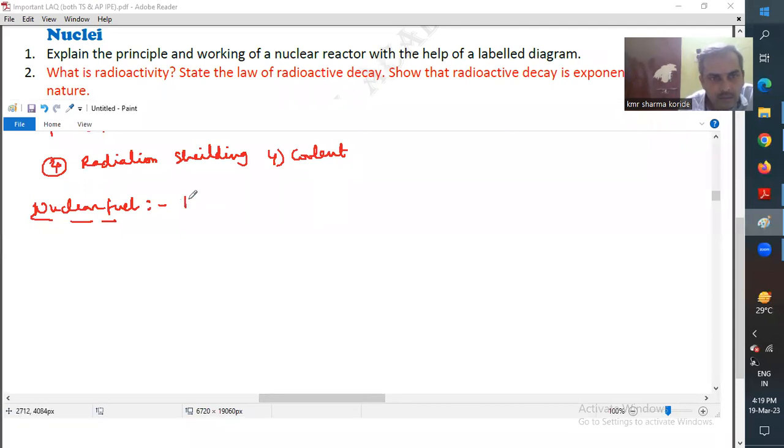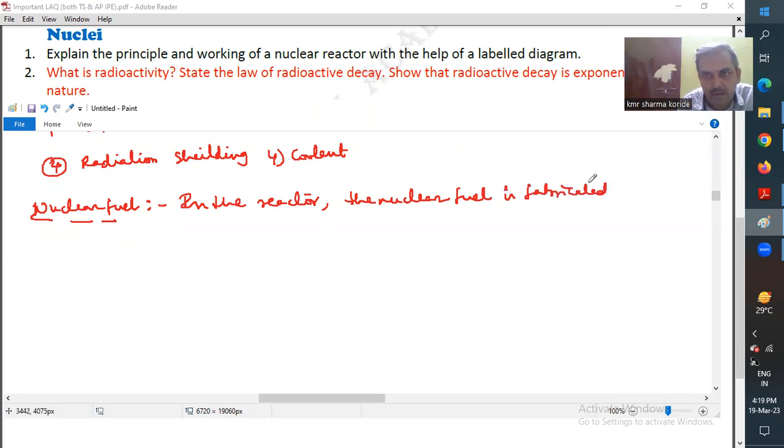In the reactor, the nuclear fuel is fabricated in the form of thin and long cylindrical rods.